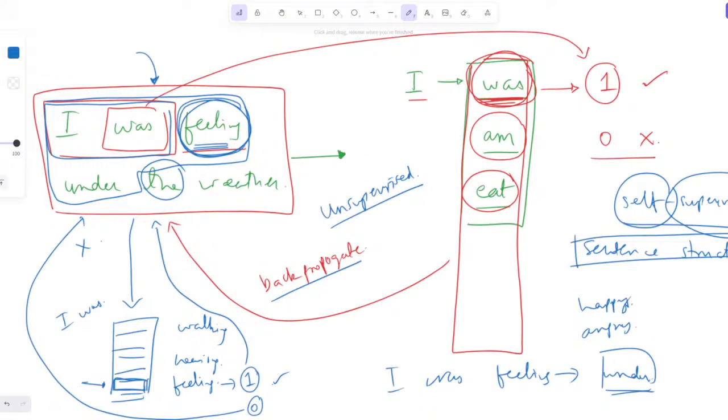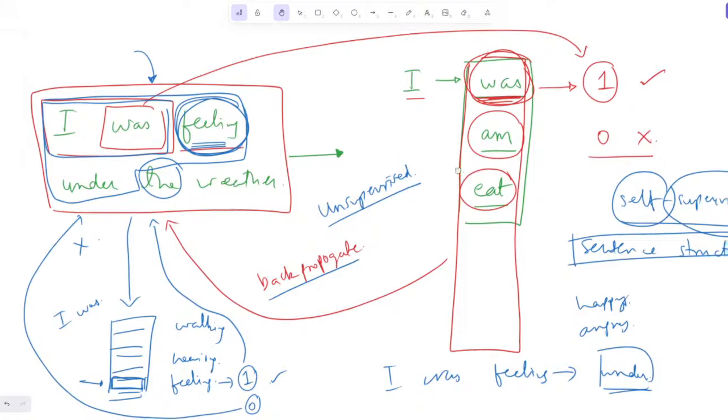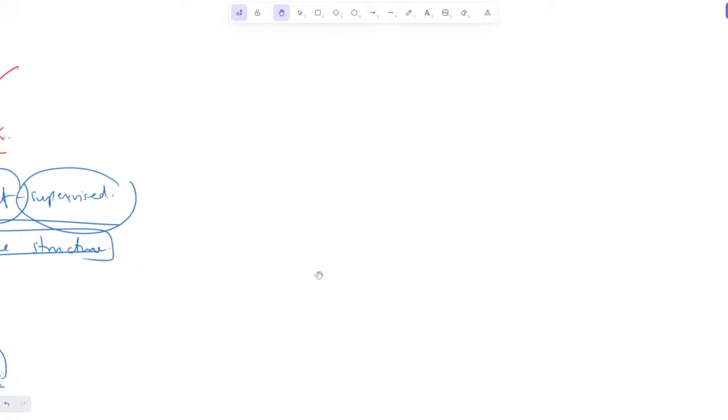So Ankit is asking, after every word predicted, will we also backpropagate to update weights? Absolutely yes. Let's look at the transformer architecture, and especially the decoder part. We have the embeddings.